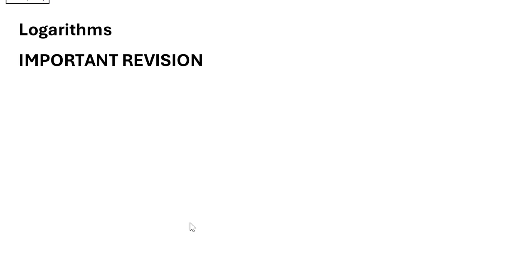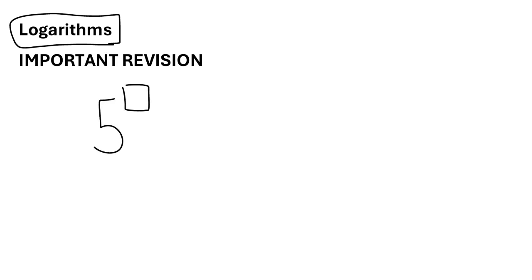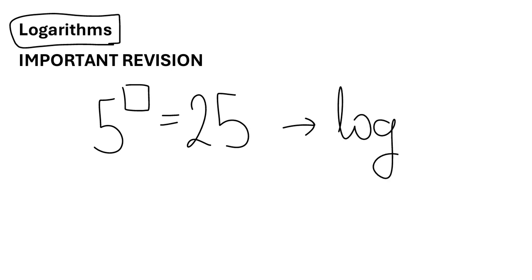In today's video, we will be moving on from last week's exponential functions to this week's logarithms. Now, if we have, for example, 5 to the power of something is equal to 25, that basically means that we can write this as logarithm of 25 for the base of 5.